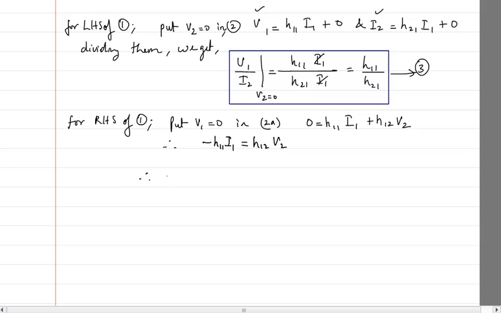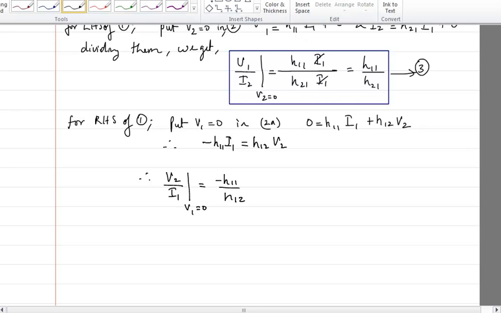Therefore, when I put V1 equal to 0, V2 by I1 is going to be minus H11 by H12.